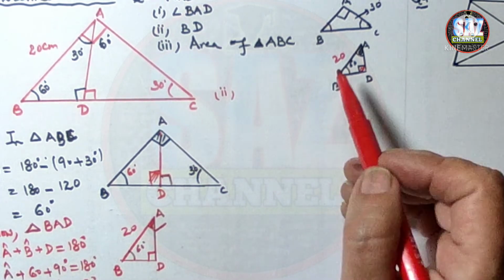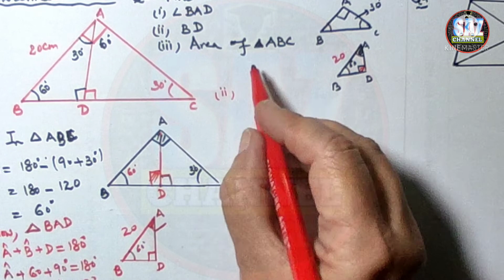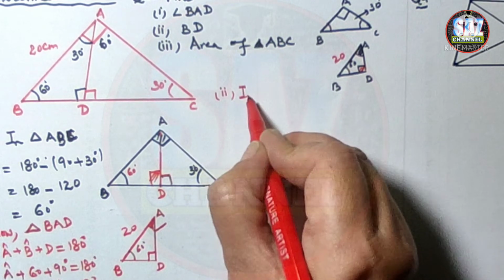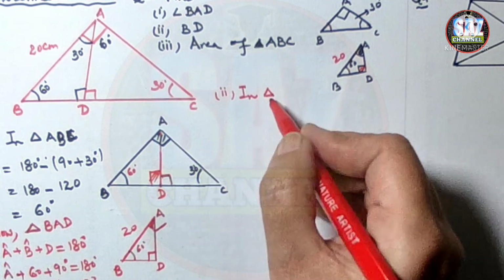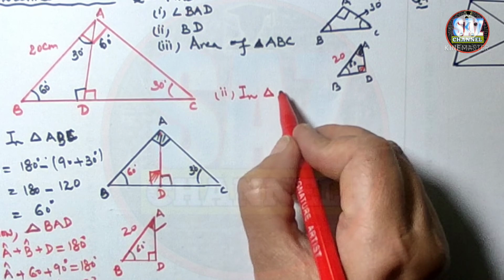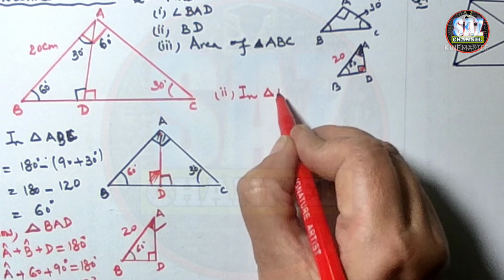So adjacent upon hypotenuse is cos 60 degrees, in triangle, again we are taking the same triangle ABD or BAD.